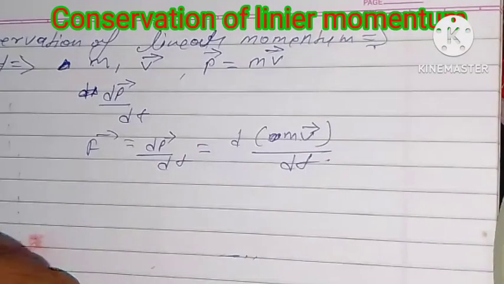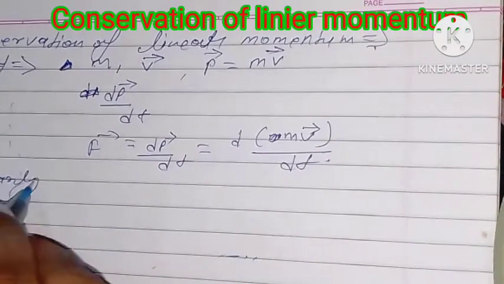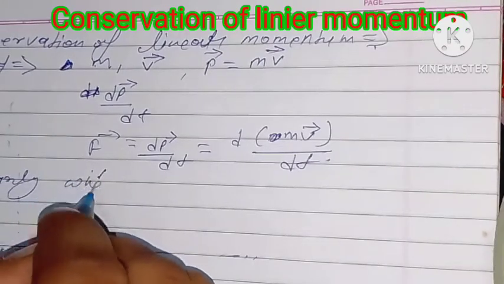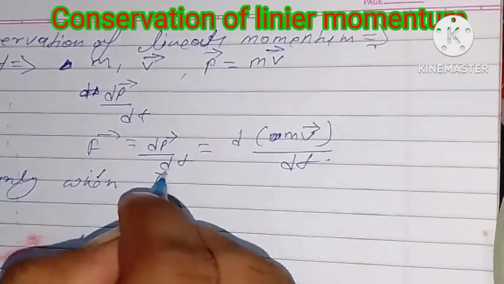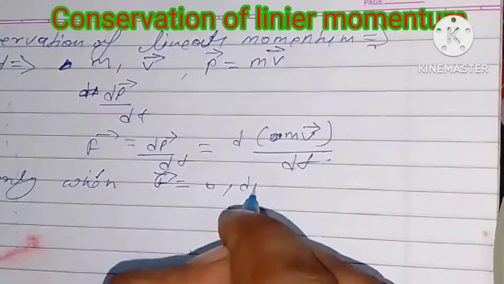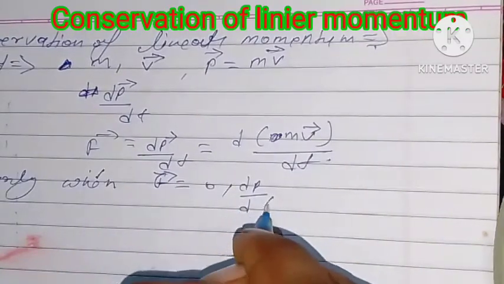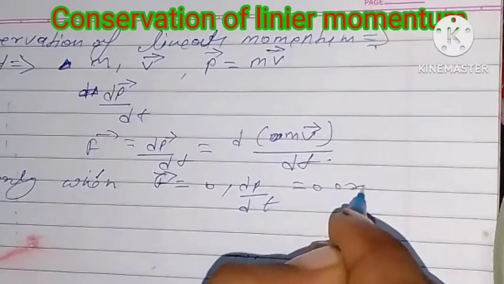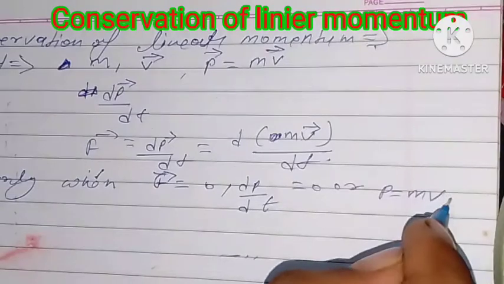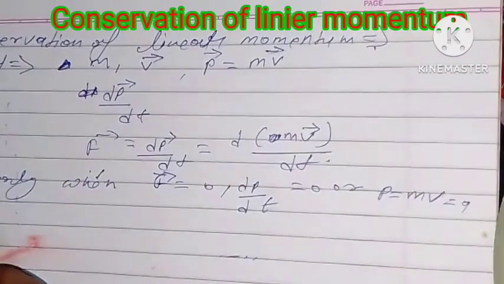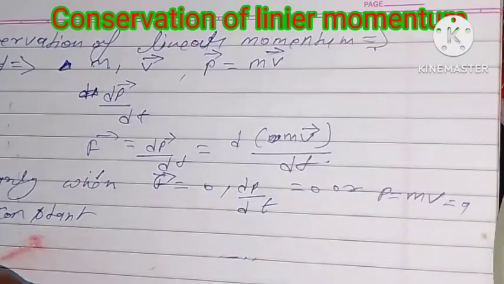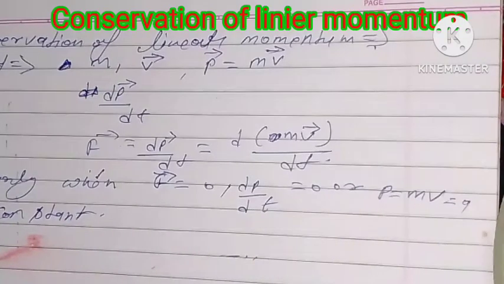Clearly, when F equals 0, then dp upon dt equals 0, or p equals mv equals a constant.